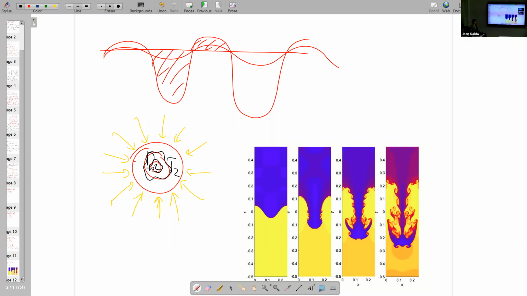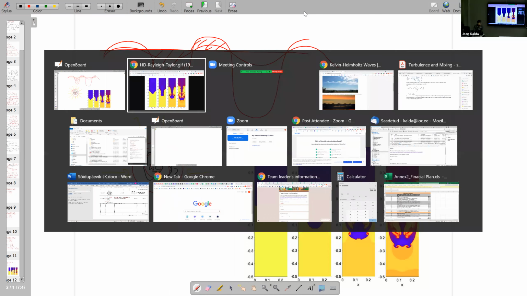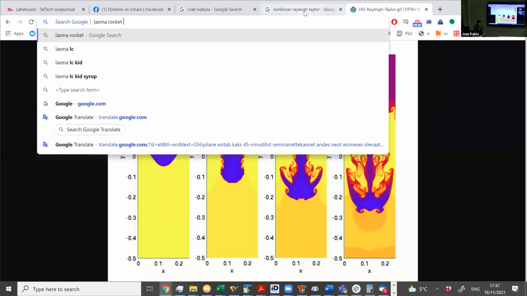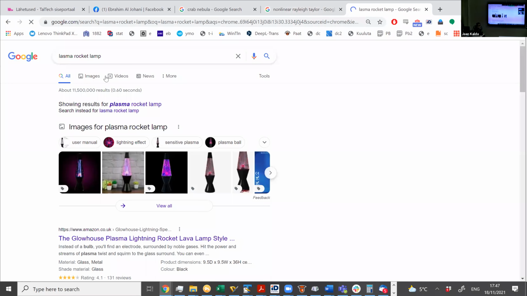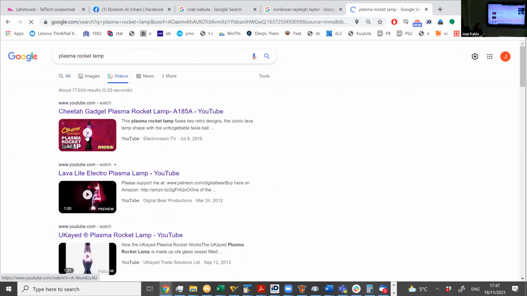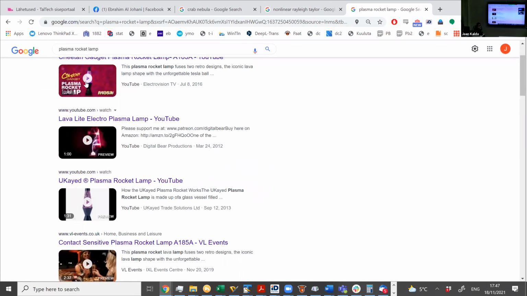And yeah, so there is also, I don't know if you have seen, but there is a very nice lamp actually. I think it's called plasma rocket. I can also Google it. And see here, I think video would be best. I don't know if this is the best figure, but let us try the first one.